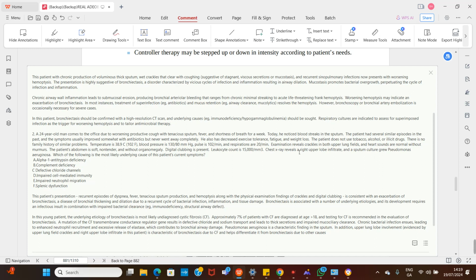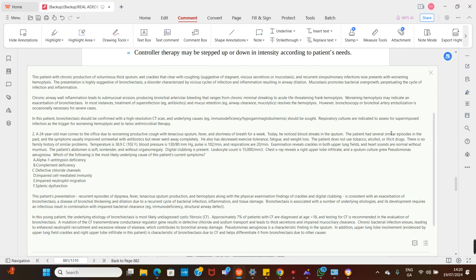Exercise intolerance, fatigue, weight loss could be linked to the cystic fibrosis causing malnutrition. We can see the history of blood streaks in the sputum, which is also supportive of the bronchitis we are talking about. Also the worsening productive cough, the fever, the hemoptysis, and the fact that he has been having similar episodes in the past that did not resolve.